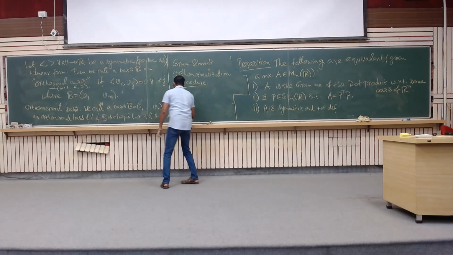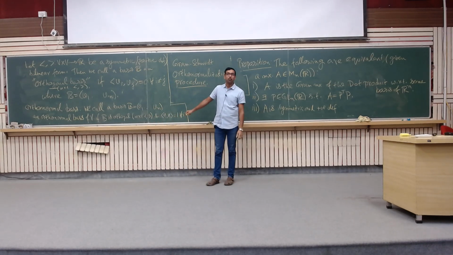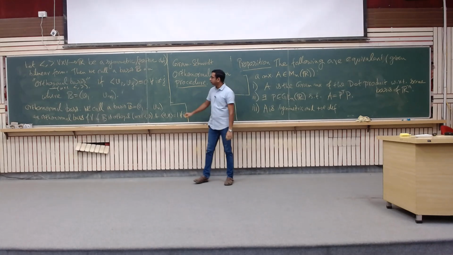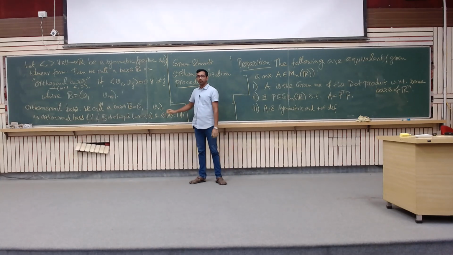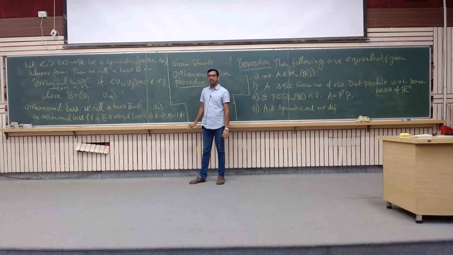So all the diagonal entries are 1. That means if you have an orthonormal basis, then the Gram matrix of the form with respect to the orthonormal basis is identity.